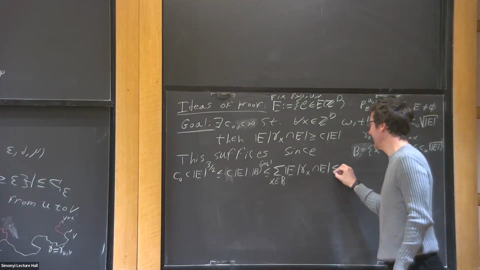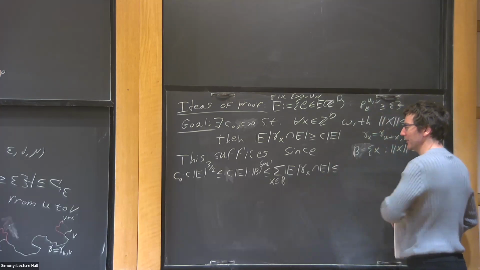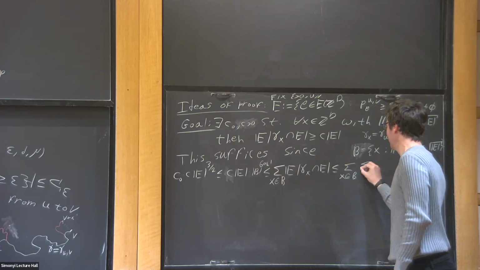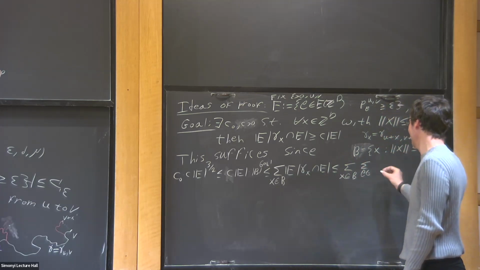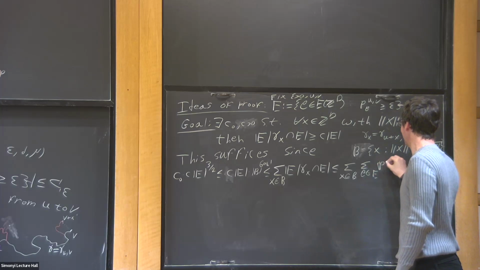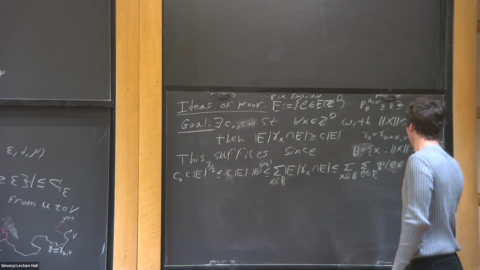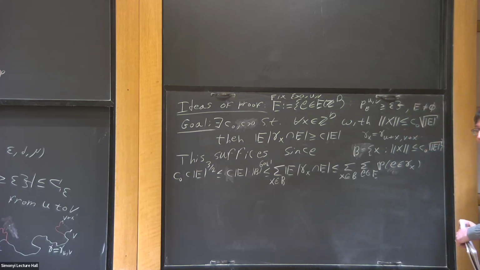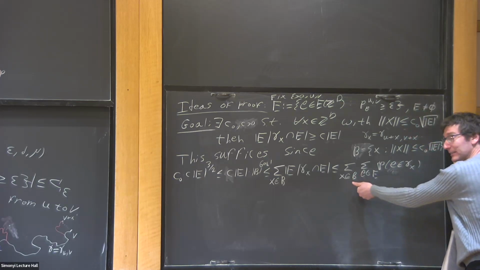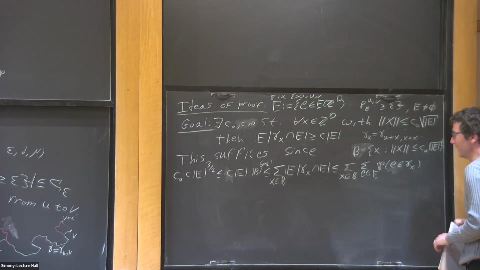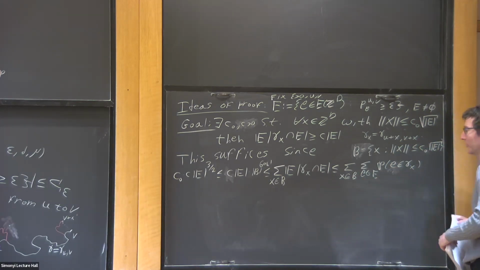Now, on the other hand, what is written here? This is really the sum over all x in B, the sum over all the edges e in E, of the probability that e belongs to gamma X. And we're going to use the translation invariance.